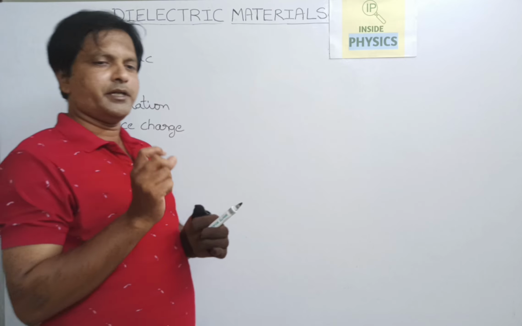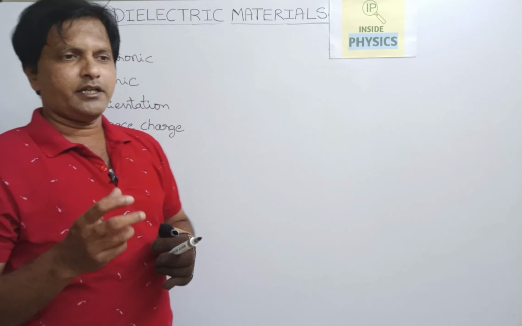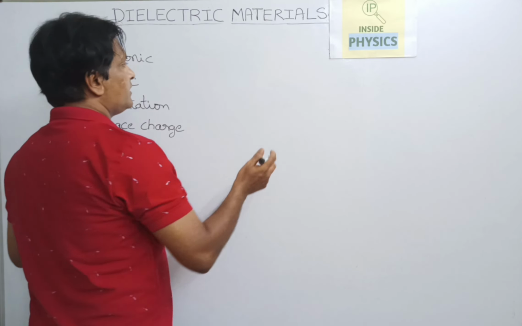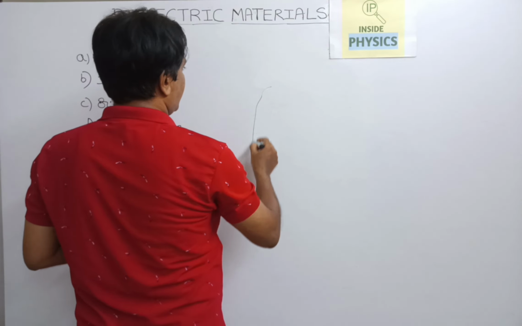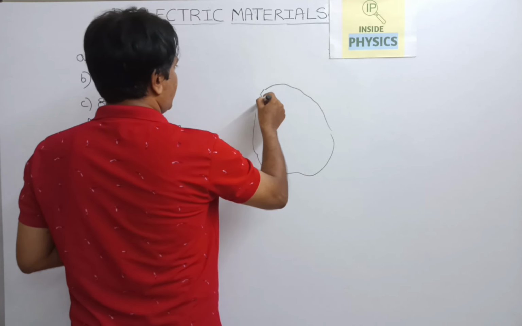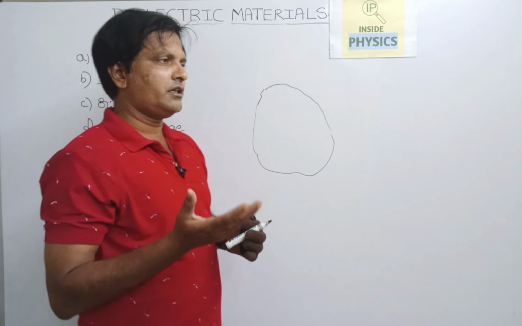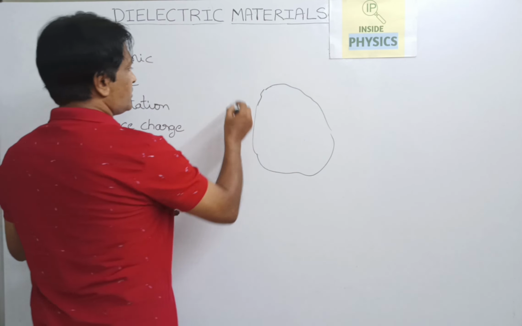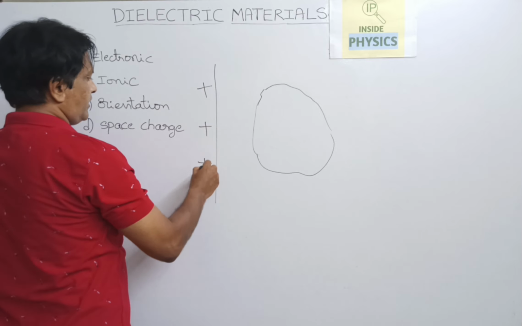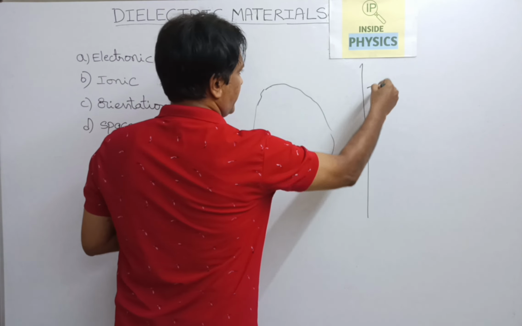If you take a material and apply an external electric field, the electron cloud will be displaced. Generally, if this is a material, there are some electron clouds which are displaced towards the positive plate. This is the external applied electric field, and inside that there is a material.